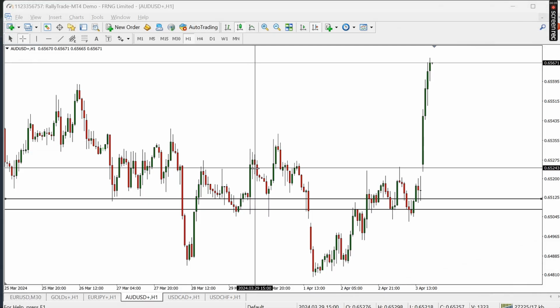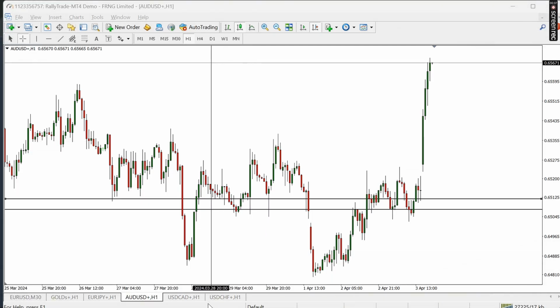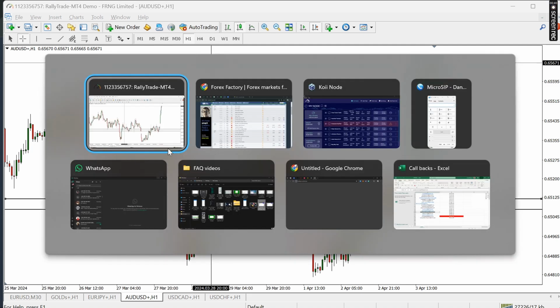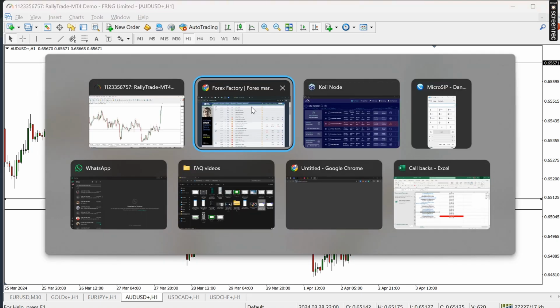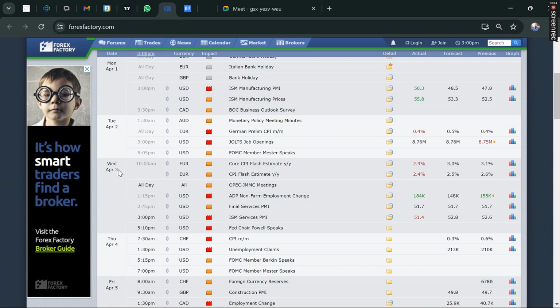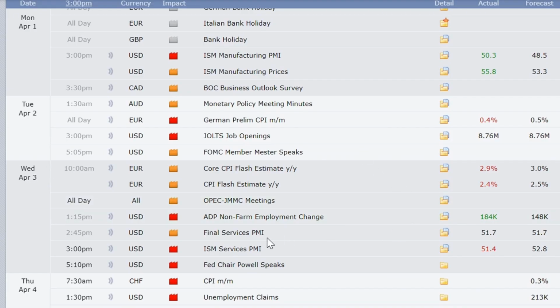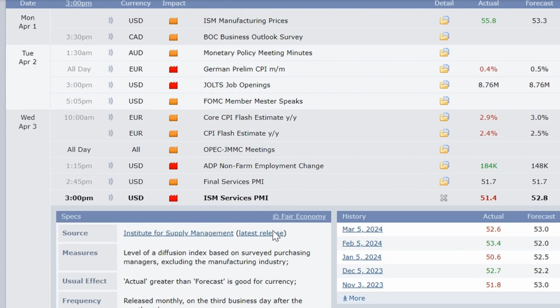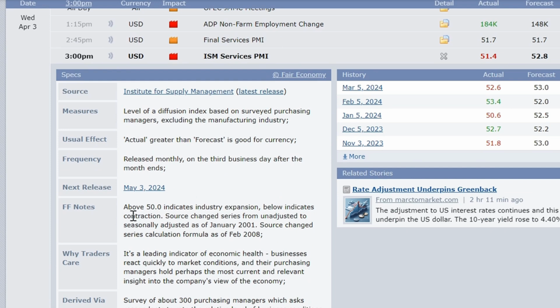Let's look at one more example. You can see today, which is Wednesday, there was a news event from the US zone also. Let's look at the ISM services PMI, which came out at 3 p.m. Above 50 indicates industry expansion, below indicates contraction.